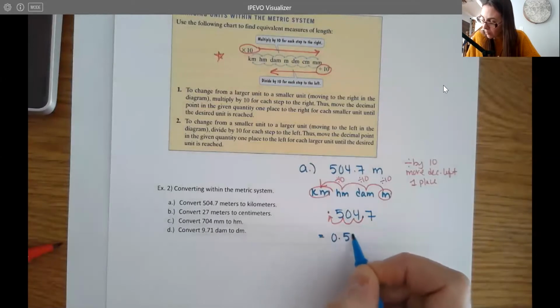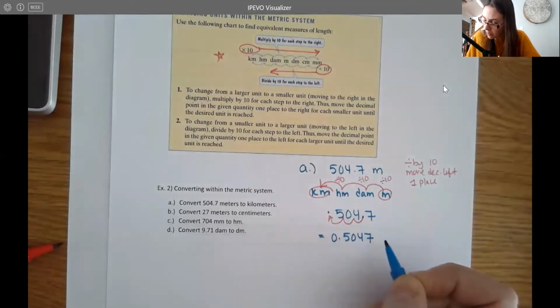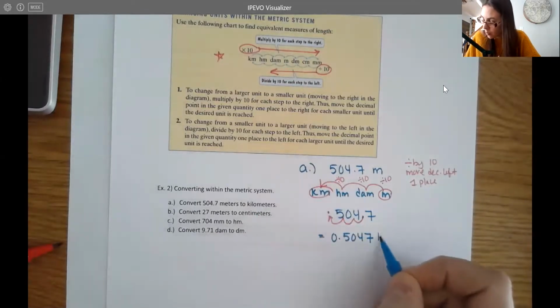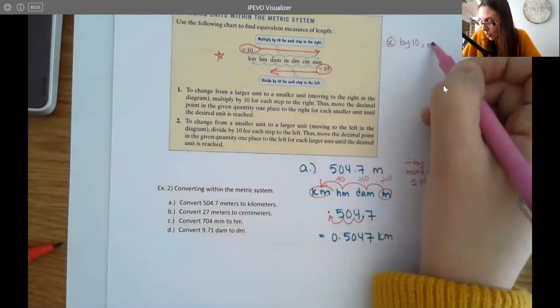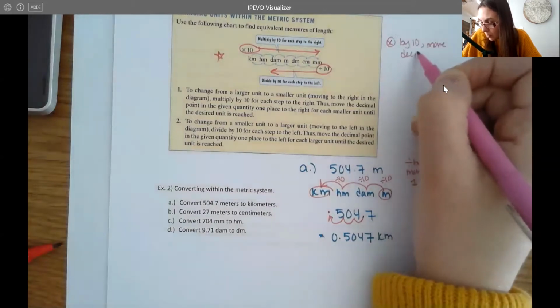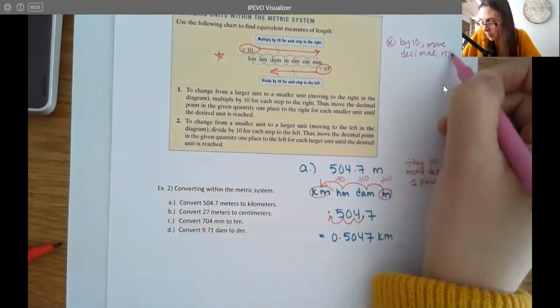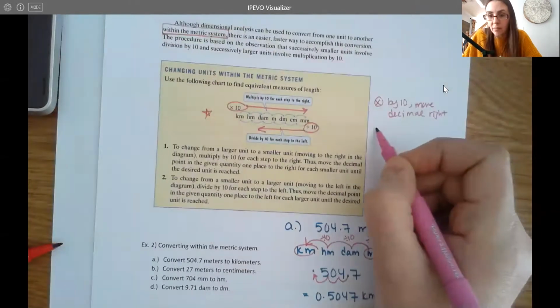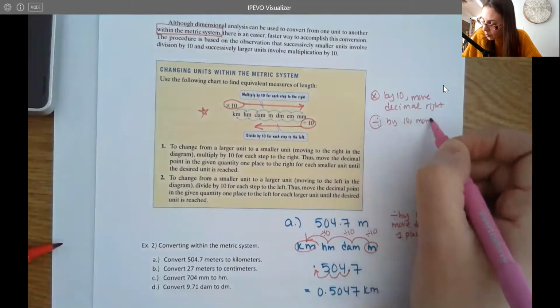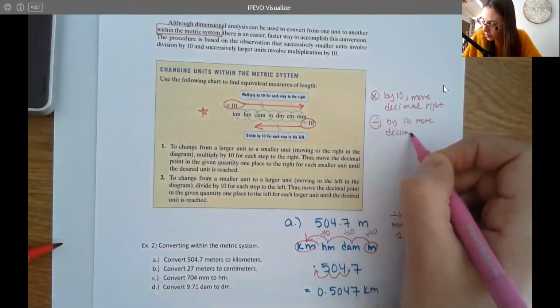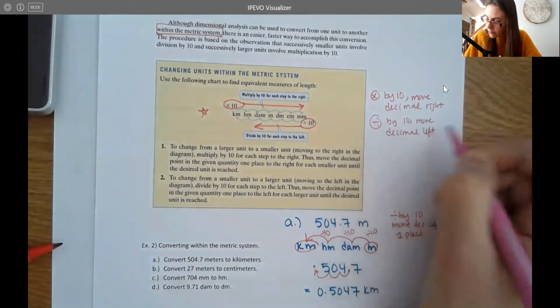My answer is going to be 0.5047 kilometers. When you're multiplying by 10, we move the decimal right. And when you're dividing by 10, we move the decimal left.